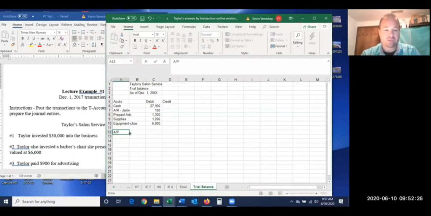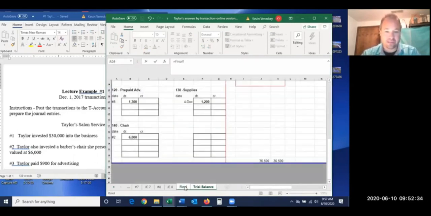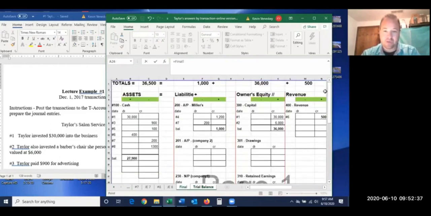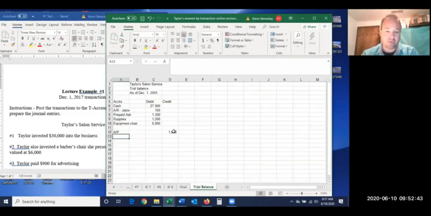So I'm going to put my first liability, and actually it's my only liability, my accounts payable out here, and I forget who it was to, so I'll have to fill that in a second. And my final balance there, it's to Miller, $1,000. Remember, it's on the credit side, so I need to put the 1,000 on the credit side over here.